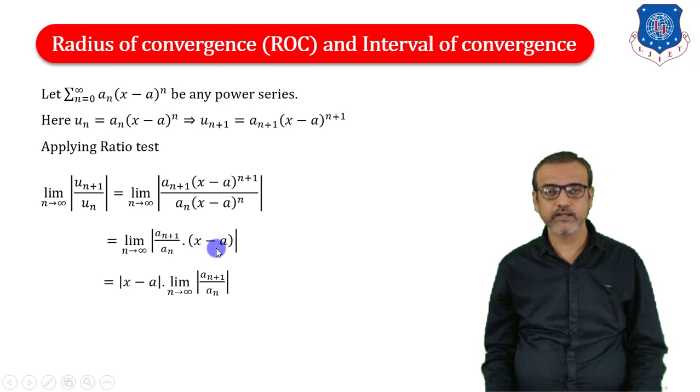Now x minus a is not a function of n, so writing this as modulus of x minus a multiplied by limit n tends to infinity, modulus of an plus 1 upon an. Now say this equals L.